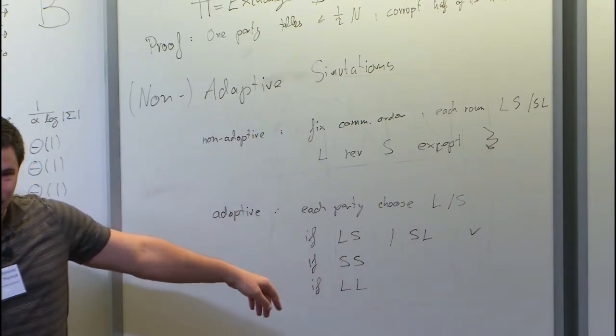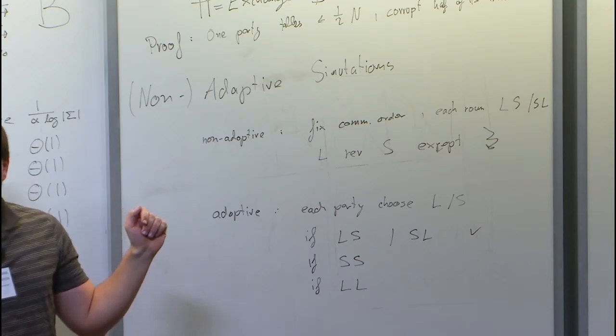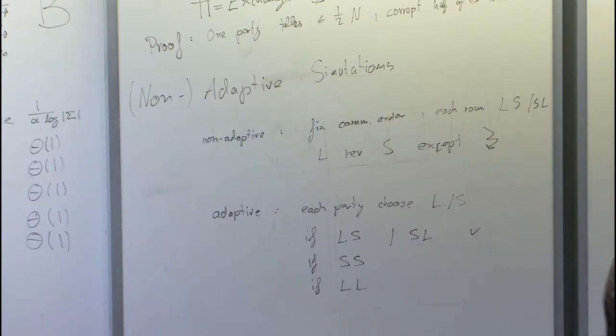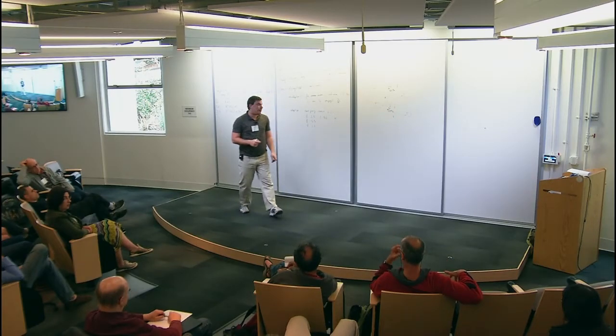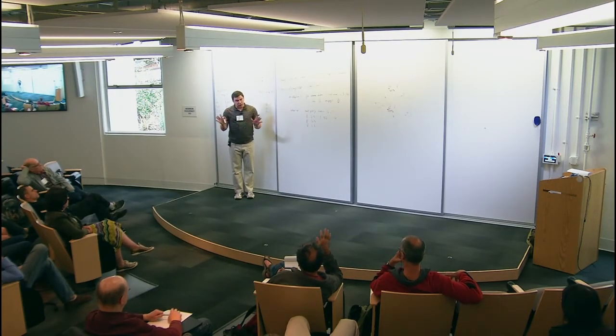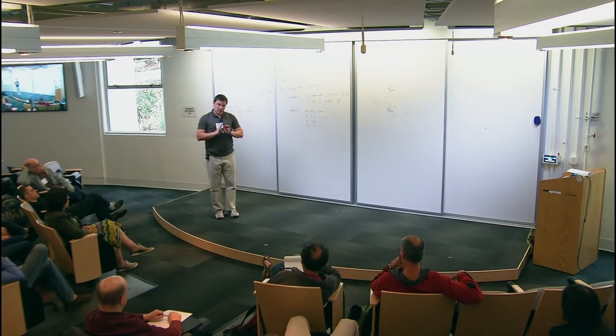One way to see this is that we can actually prove upper and lower bounds. If they both listen, the adversary can simulate noise for free. So it's almost the same as saying the adversary gets to choose whatever each party hears without paying for it. So it's the most pessimistic model.